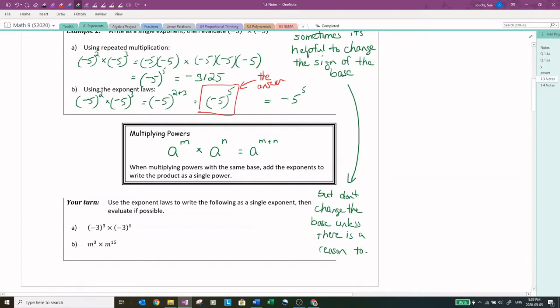So for example, in our question, example 2, there was no reason to change the base. Leave the base the way it is in the question. Okay. All right, your turn.